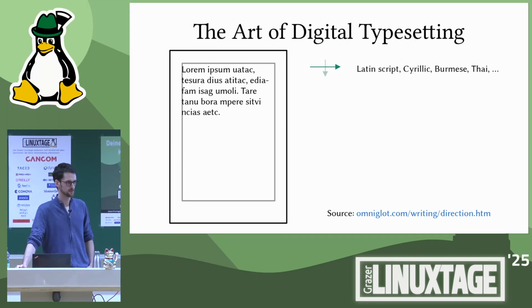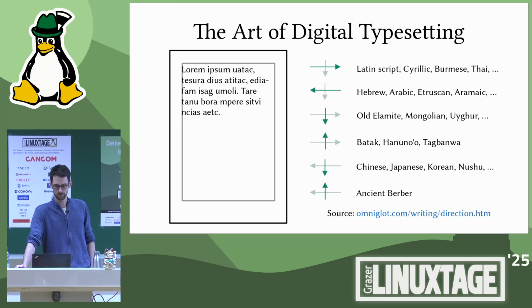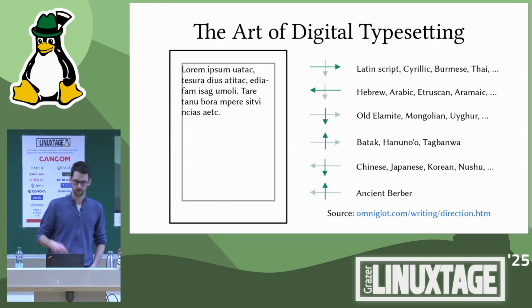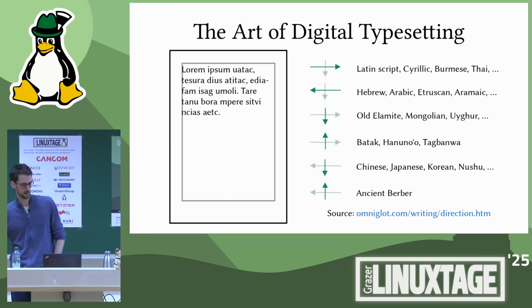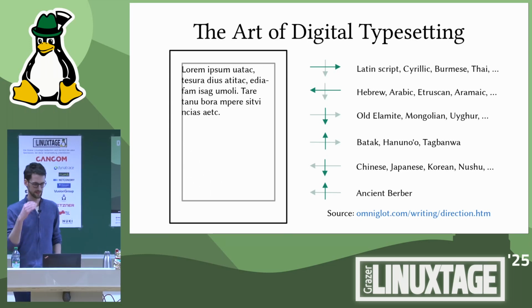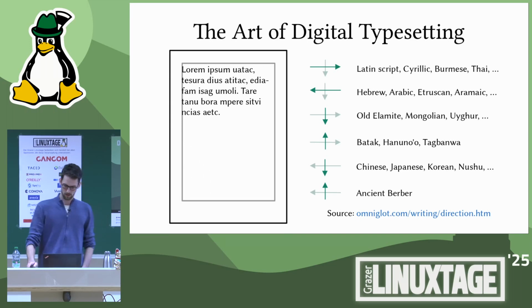This is the case for some writing systems. But we also have other writing systems which just work differently. Hebrew, Arabic, Aramaic, for example, those go from right to left and then from top to bottom. That's, in my opinion, sufficiently known.